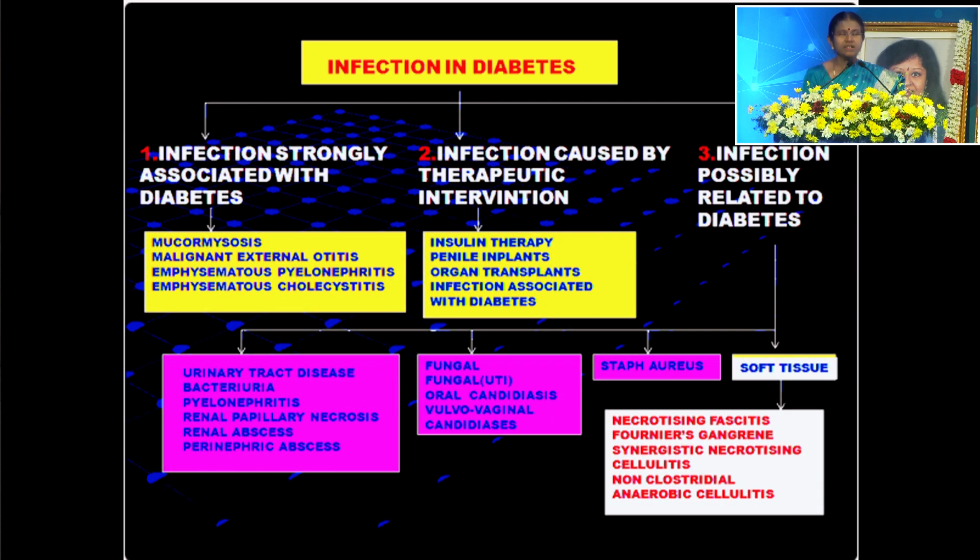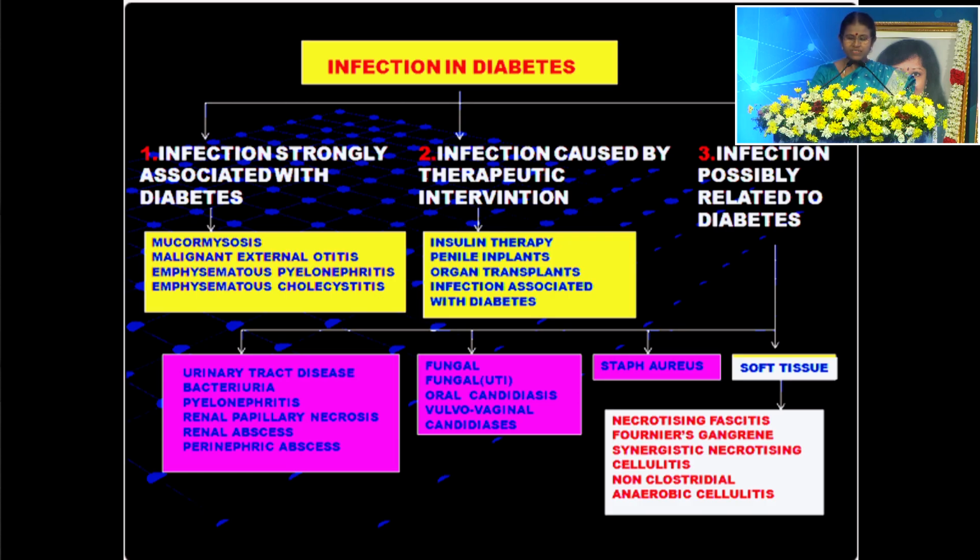Commonly, the infections which are strongly associated with diabetes are mucormycosis, which you would have heard of during the COVID time, the malignant otitis externa, emphysematous pyelonephritis, emphysematous cholecystitis, and the infections which are caused by our therapeutic intervention or during insulin therapy, like insulin injection abscess, penile implants causing infection, organ transplants, increasing the insulin resistance because of the drugs used, and infection associated with diabetes as such.